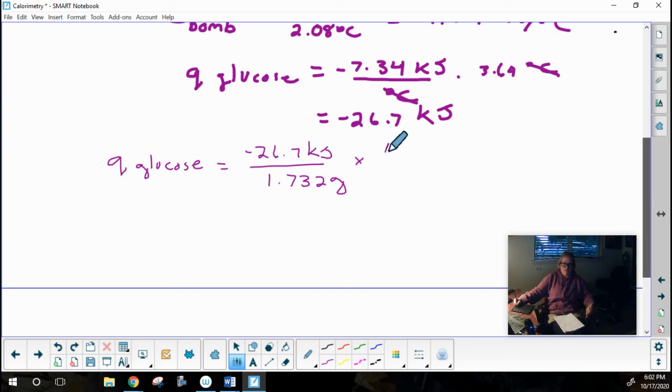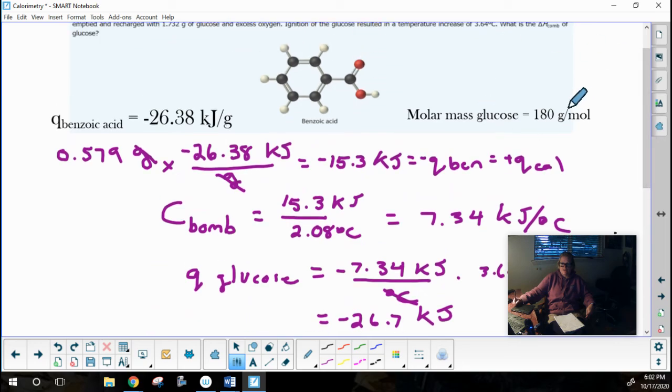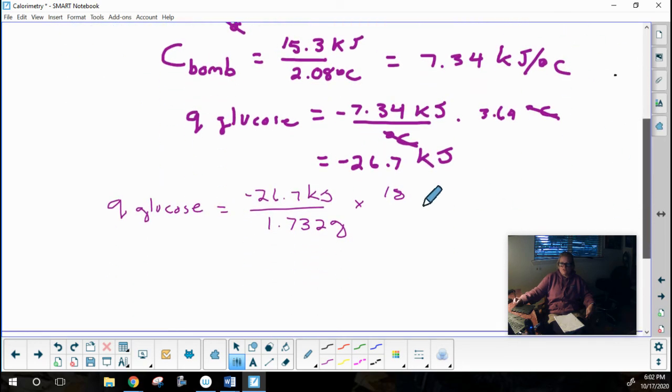I gave you the molar mass of glucose at the top. I'll scroll back up to show you that I did that. There it is right there. The molar mass of glucose is 180 grams for every 1 mole. So my enthalpy of combustion, which is a molar quantity: if I burn 1 mole of glucose, which is a lot more than 1.732 grams, I will release negative 2,780 kilojoules per mole. And that will be my change in enthalpy of combustion.